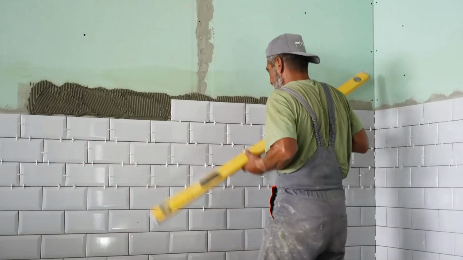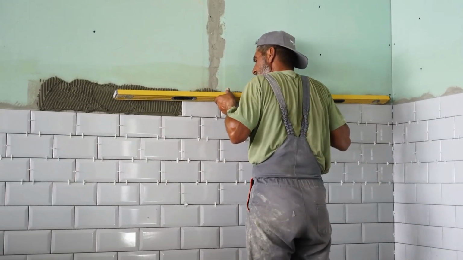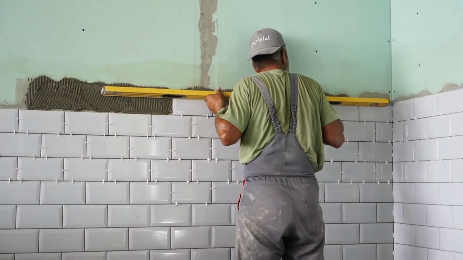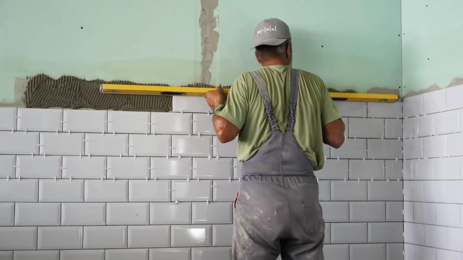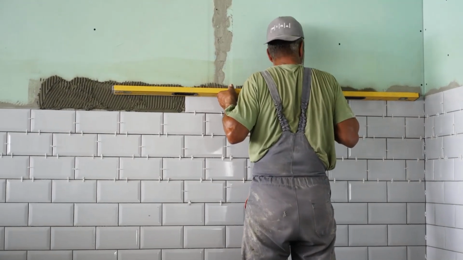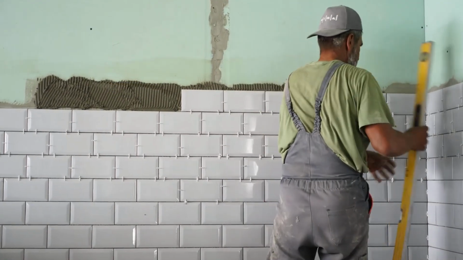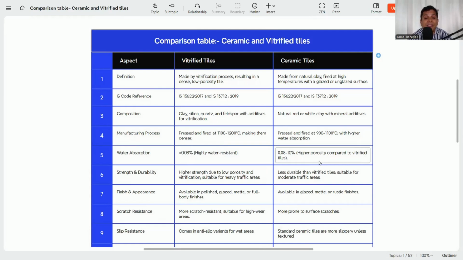Now what is the water absorption capacity? That is very important to know, because on the basis of water absorption capacity the tiles are categorized as per IS 15622. Vitrified tiles are less than 0.08%, that is highly water resistant.